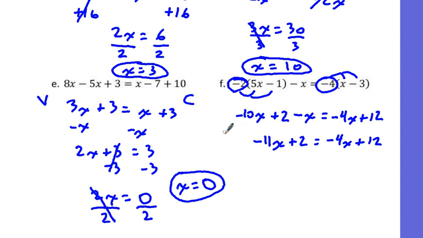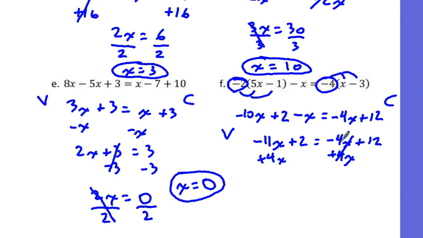We'd like to move the variables to one side of the equation and the constants to the other. So let's start with variables. Add 4x to both sides of the equation.